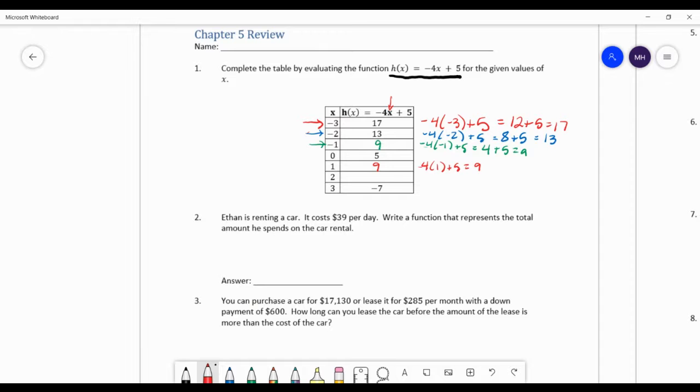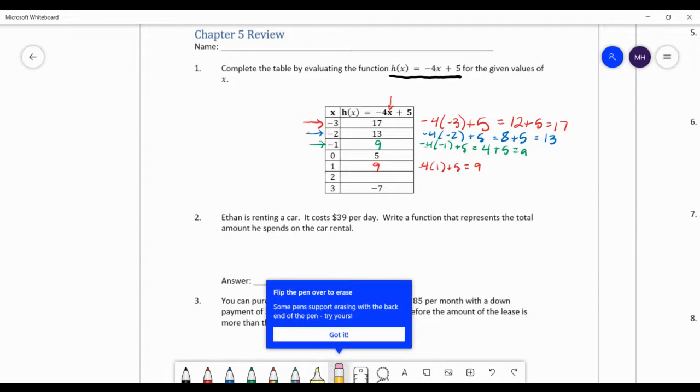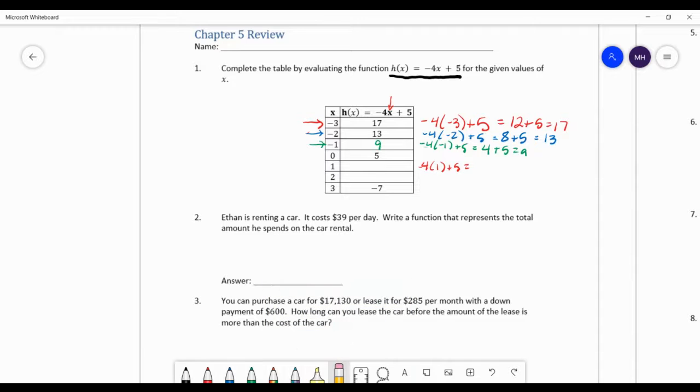Oh, excuse me. That was wrong. I missed my negative sign here. -4 times 1 is -4. So our answer here would be 1. So -4 times 2 plus 5 would be -8 plus 5. So our answer here is -3.